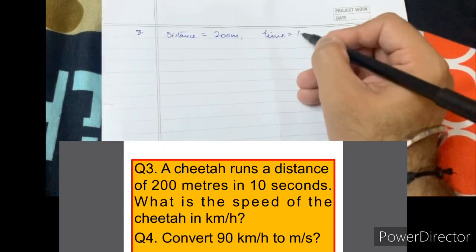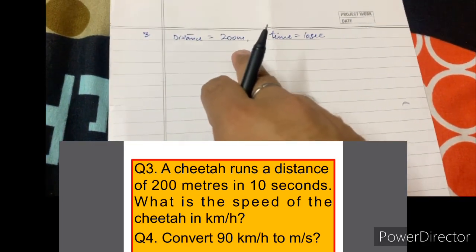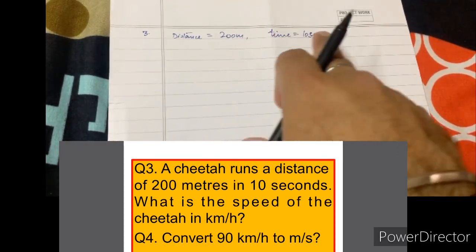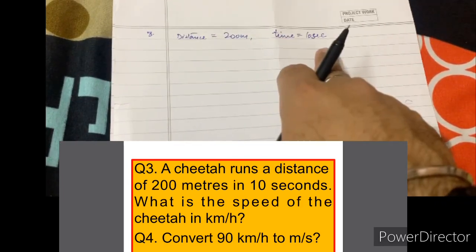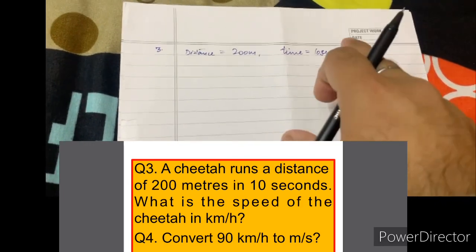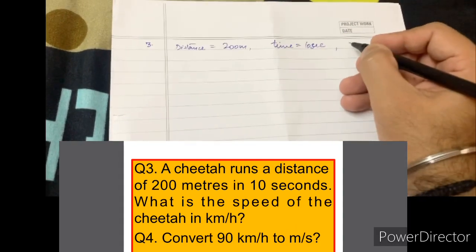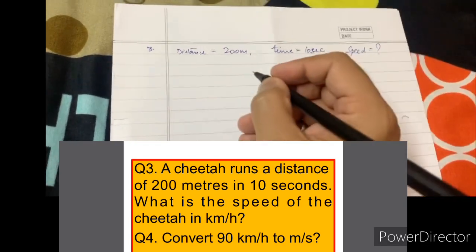When the distance is in meter, the time is already in second, so they are both in the same SI unit. We don't have to change it. Now, what is the speed of the cheetah in meter per second? So we have to find speed in meter per second.